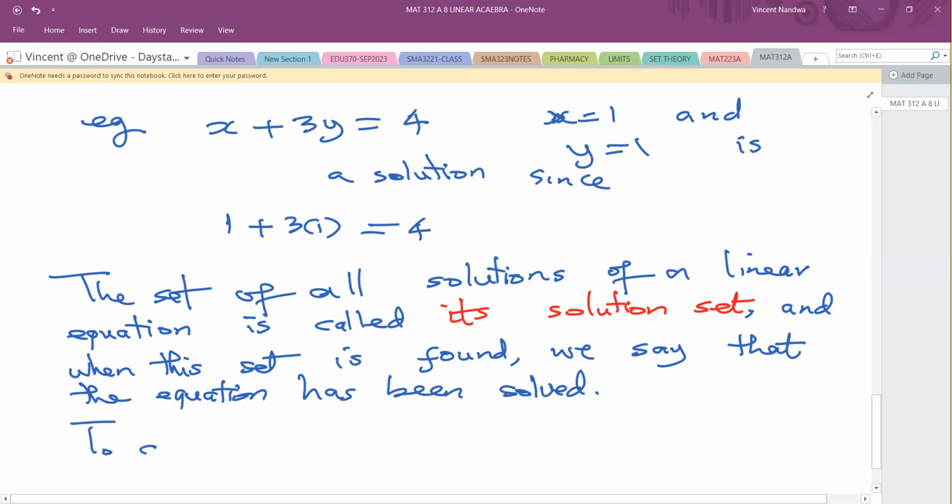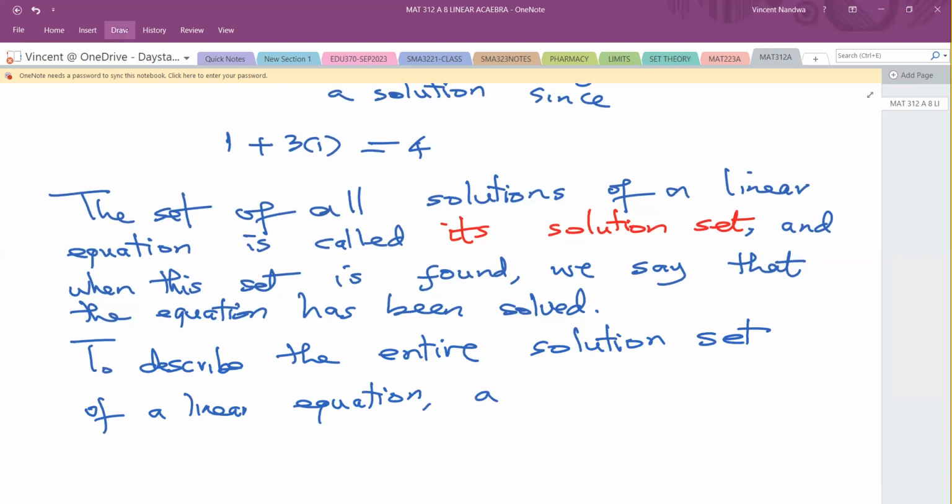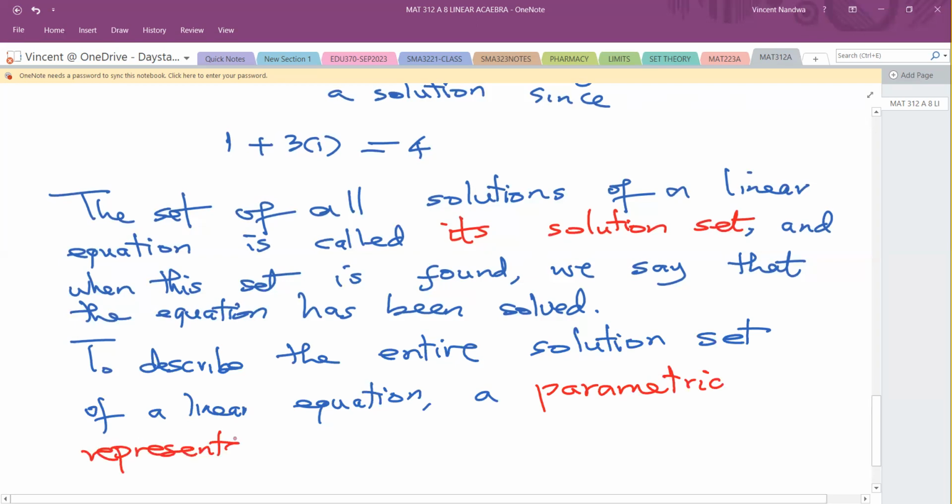Then to describe the whole solution set, a parametric representation is often used.